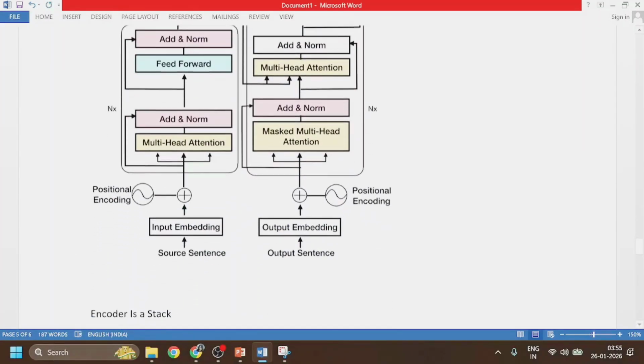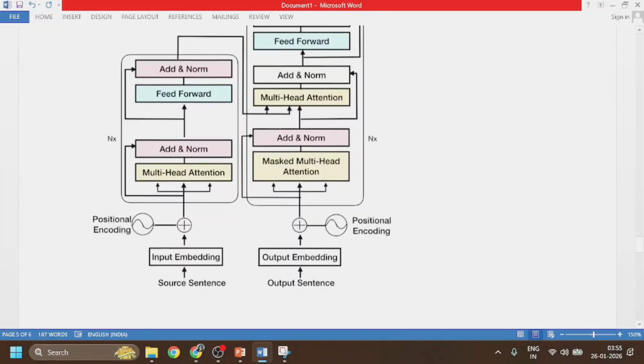So here you can see the encoder input. This is the first part. Here you can see input embedding and the source sentence. The encoder takes word embeddings as input.